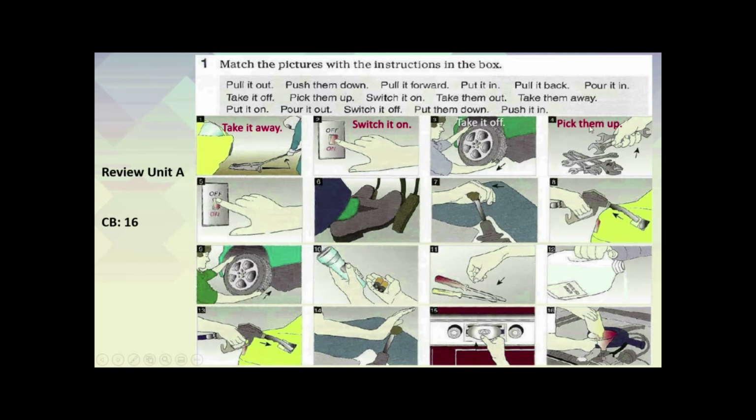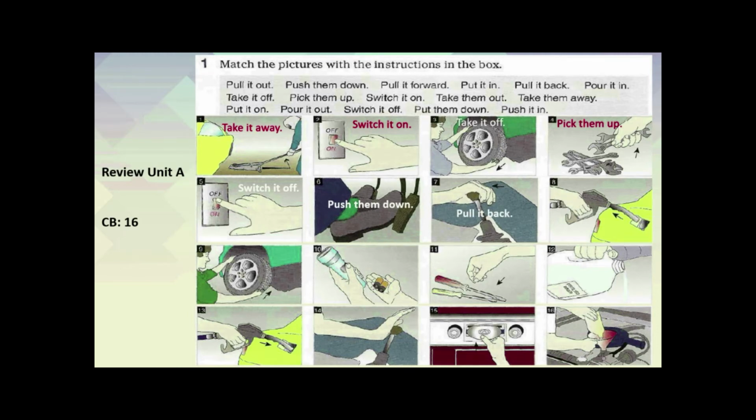So I hope you notice the pronoun here, them. Them is used because we have plural here, the spanners. We have 2 spanners. So moving on to number 5, this is switch it off. Number 6, I want you to notice the 2 pedals here. So push them down. Number 7, pull it back.